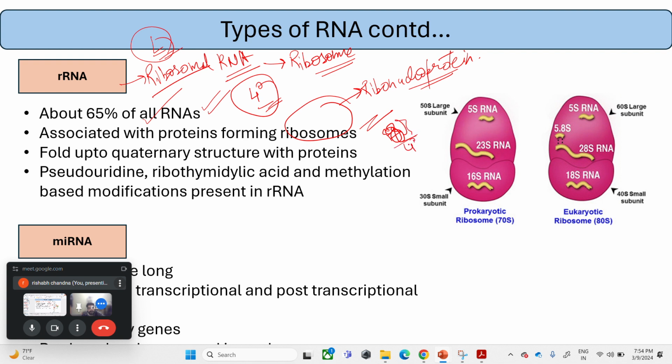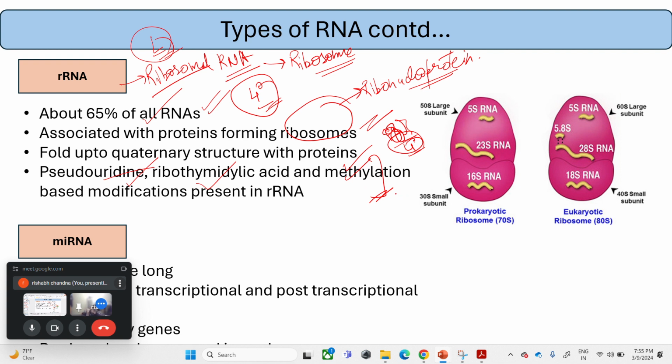That is the quaternary structure of the ribonucleoprotein, and it has different modifications on the RNA, for example pseudouridine. These are post-transcriptional modifications. So it may have pseudouridine, ribothymidylic acid, as well as methylated bases. These are the modifications that are present.